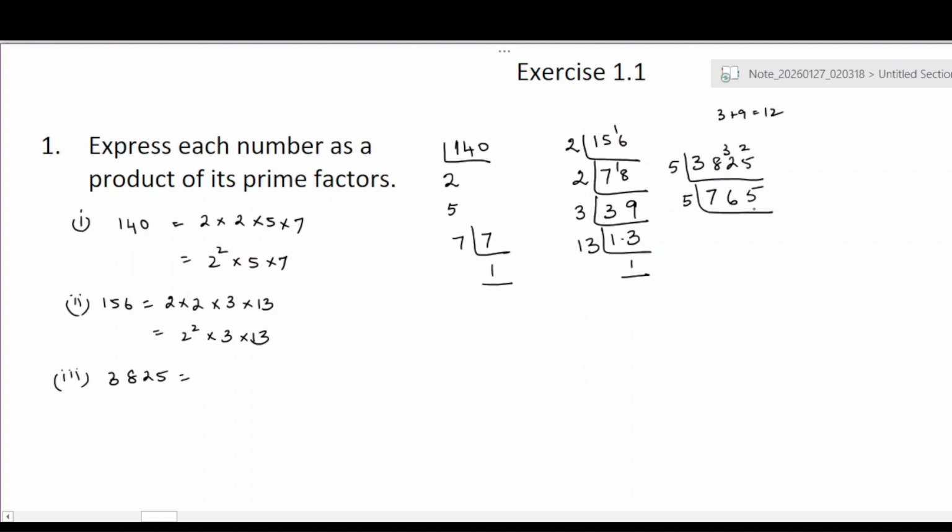Again it is a number ending with 5, so 1 time 5 and then remainder 2. Okay, so 5 times 25 and 1 time 3, 153.